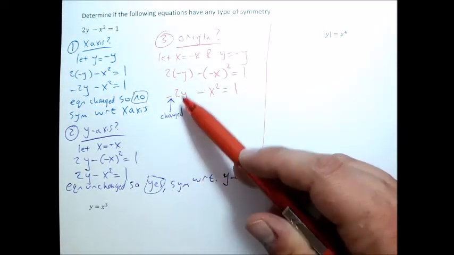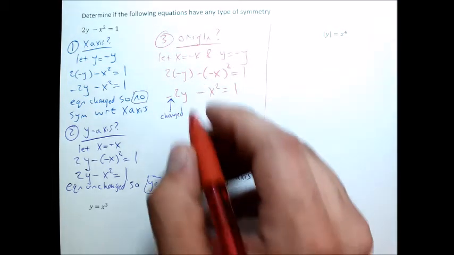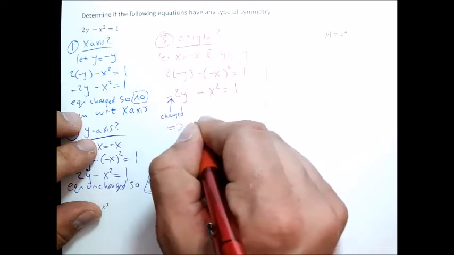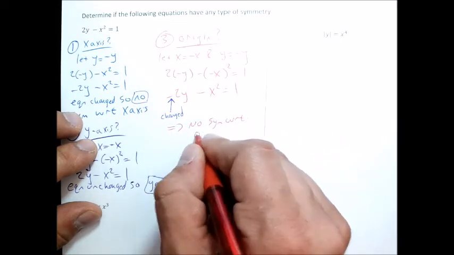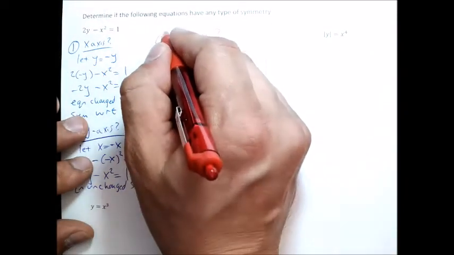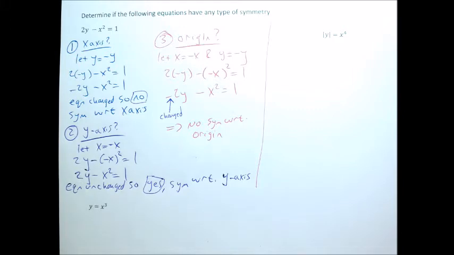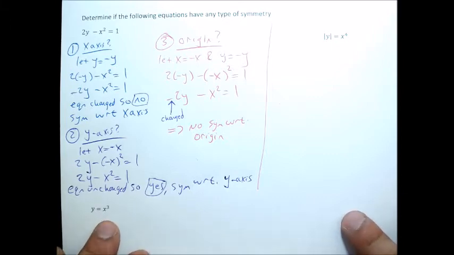And so since that negative sign wasn't in our original problem, we have no symmetry with respect to the origin. Thoughts on that at all?